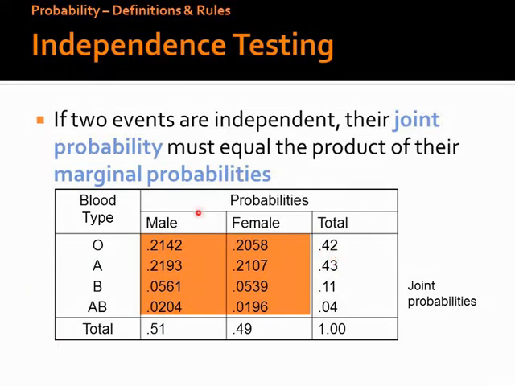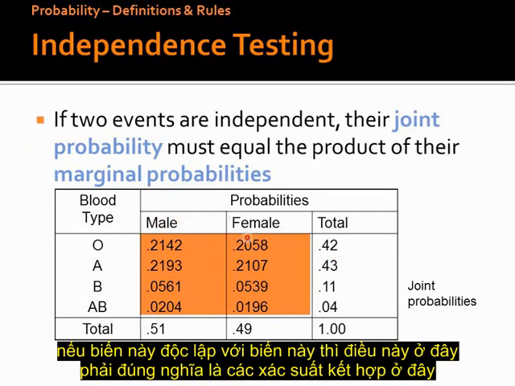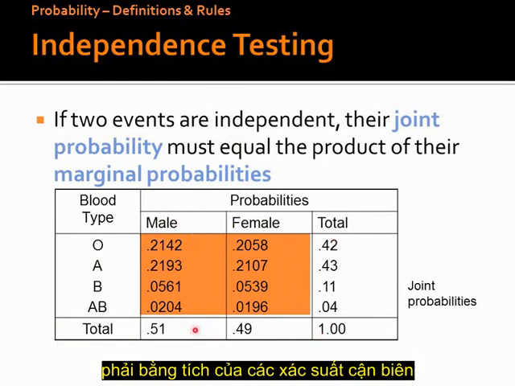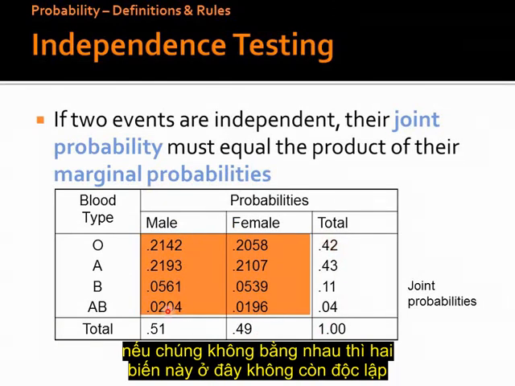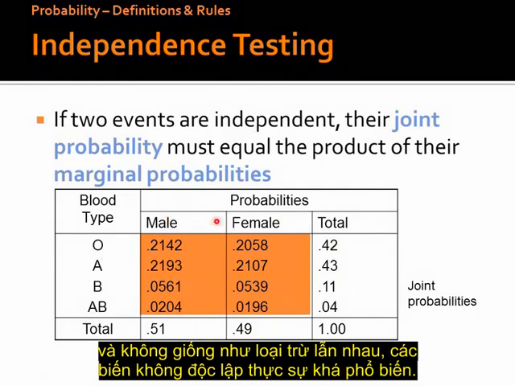If this variable is independent from this variable, then this must be true, meaning the joint probabilities here must equal the product of their marginal probabilities. If they do not equal each other, then these two variables are no longer independent, and unlike mutual exclusion, non-independent variables are actually quite common.